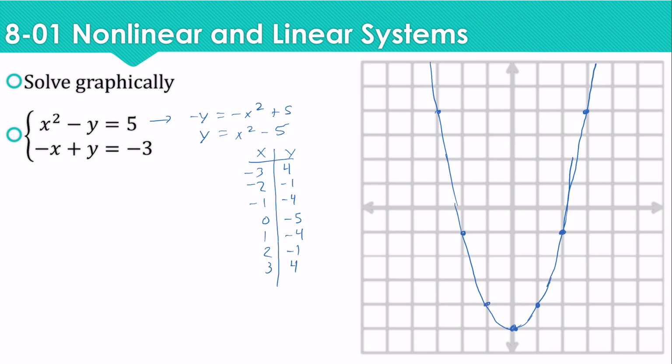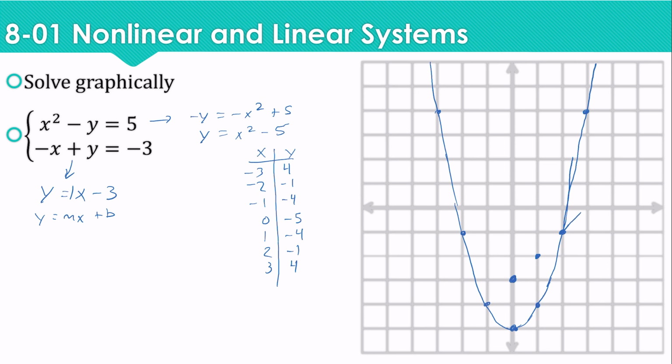All right, our second equation is a line. We can make it equal to y, so add x. So this is a line, y equals mx plus b. So we start graphing at the y-intercept, negative 3. And our slope is 1. So I go up 1 over 1.